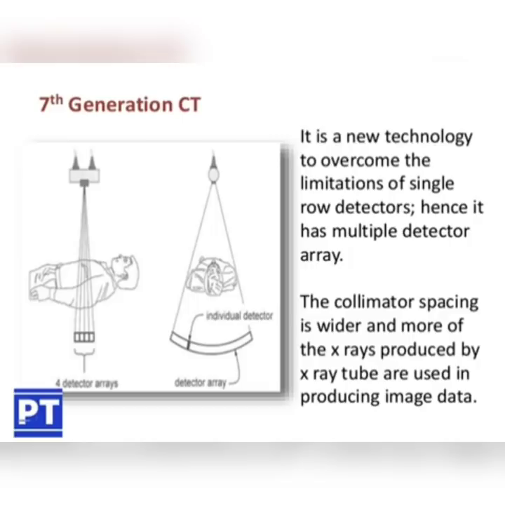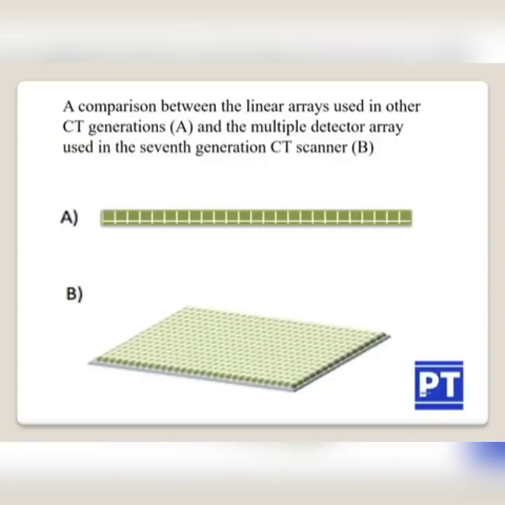For the detector array, instead of a single detector array, a multiple detector array is there, and it is MDCT. It will be discussed in the upcoming topics. So a comparison between a linear array used in other CT generations is shown in A, and the multiple detector array used in the 7th generation CT is shown in B.